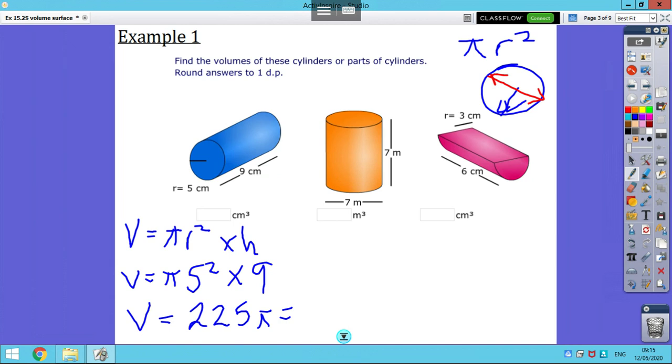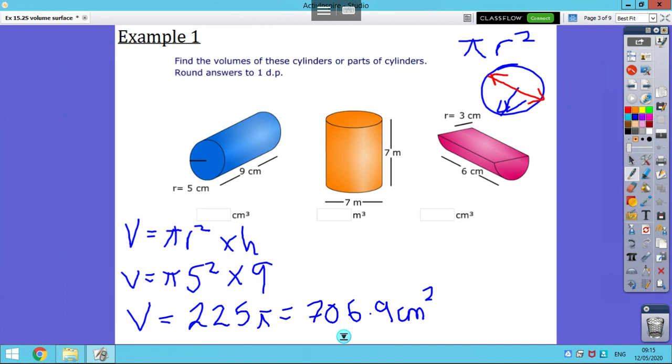But this time we're going to be doing one decimal place, so press SD. And I get 706.9 centimetres squared. Okay, so that's that first one. Now I'm just going to talk you through the other ones.